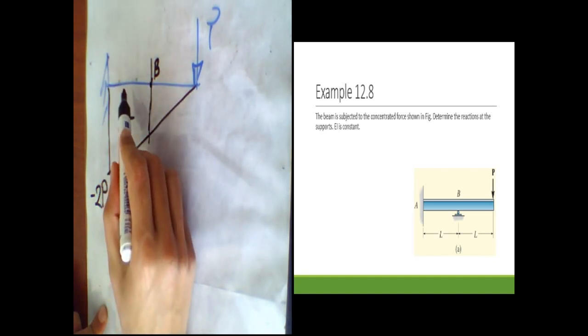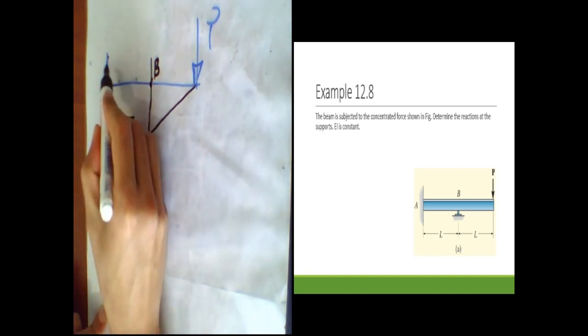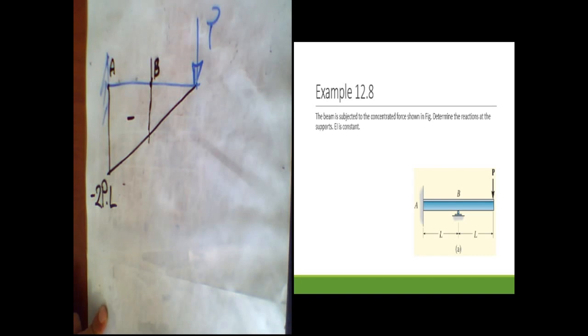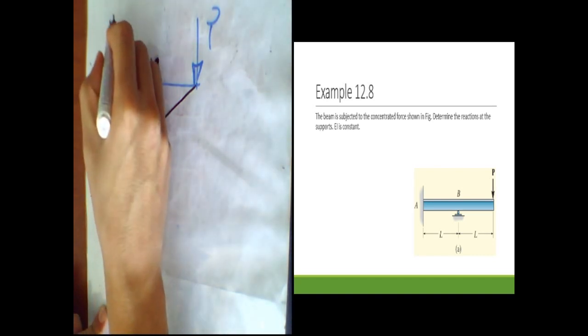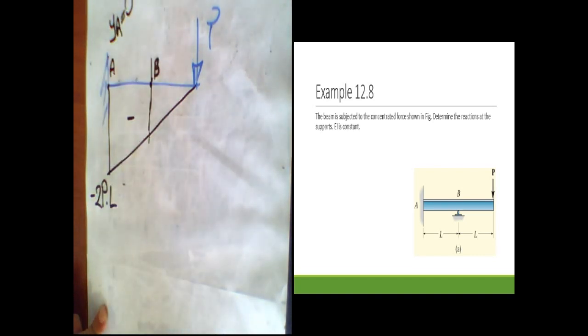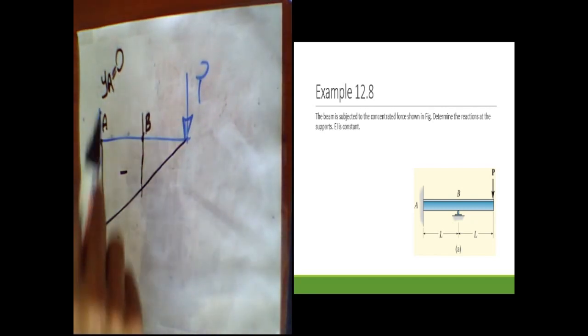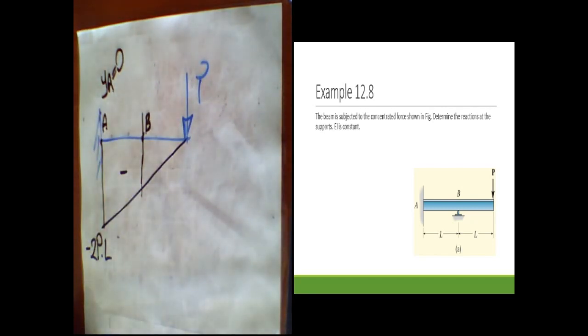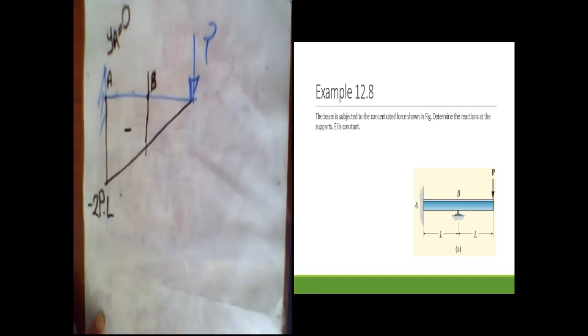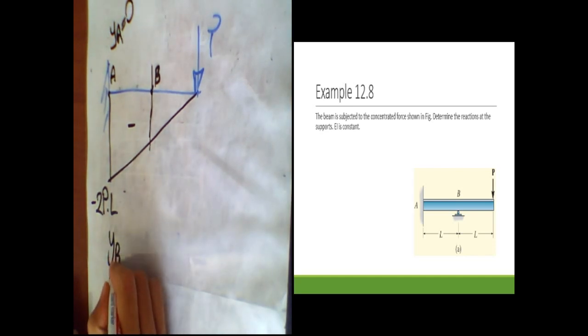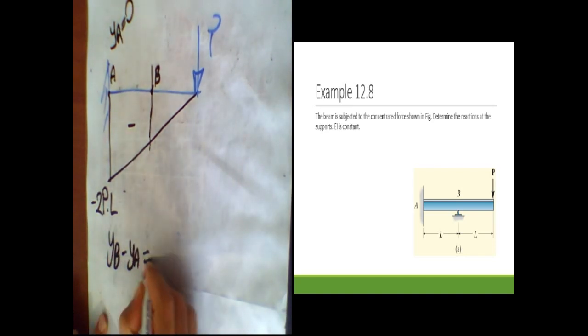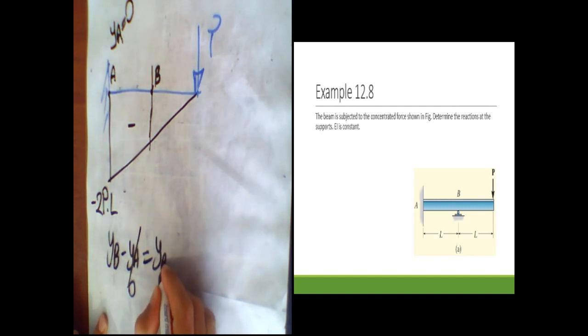In the moment area method, if I reference point A, I already know Vy equals 0, because at point A we have a fixed support. So VB minus VA is equal directly to VB.